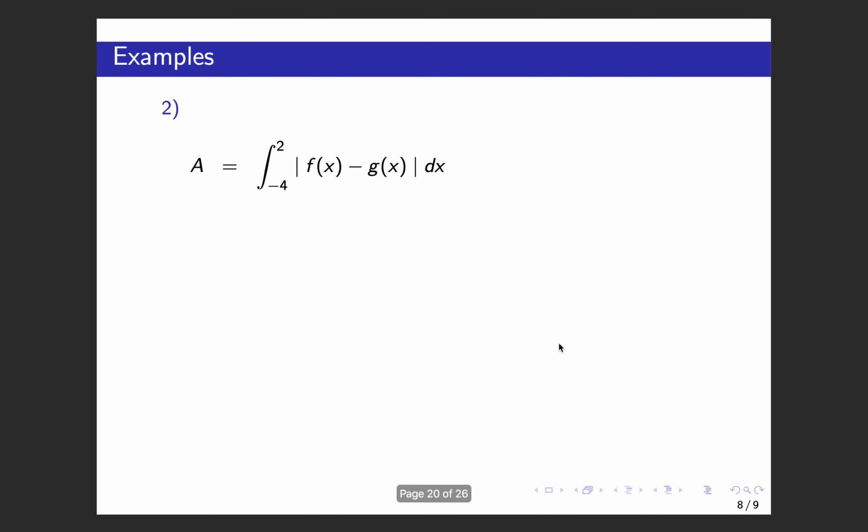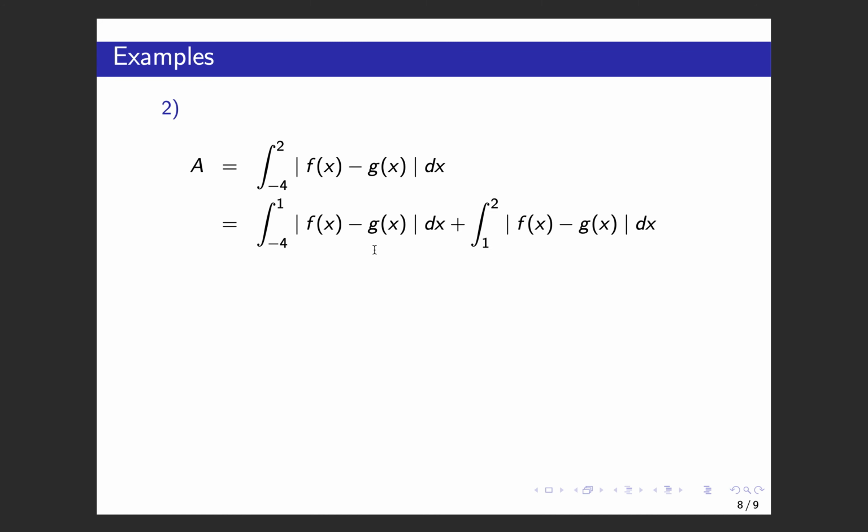So when evaluating the definite integral, we will split it first into two definite integrals, from minus 4 to 1 and from 1 to 2. From minus 4 to 1, f minus g is negative, and from 1 to 2, f minus g is positive. So we take out the absolute value and multiply by negative 1 on the first. Here, we take off the absolute value without multiplying by any number, or just leave it the way it is.